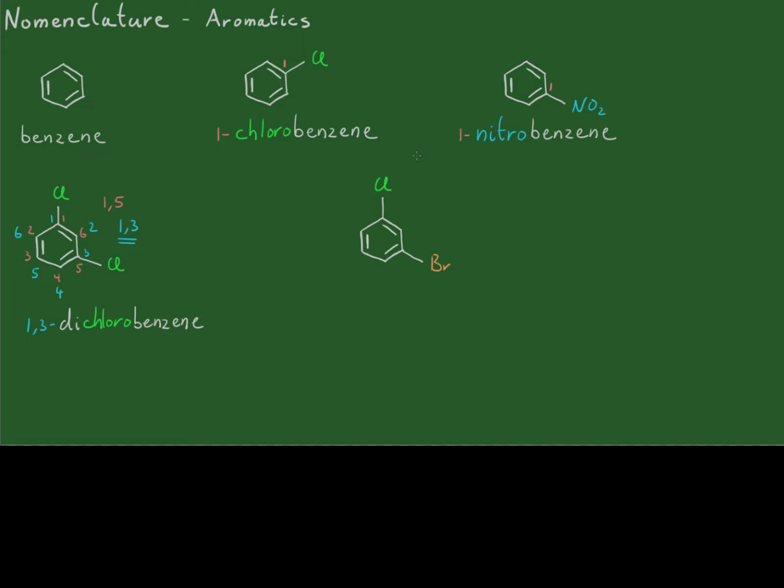So which one gets carbon number 1? Will it be 1, 2, 3? So we'll have 1 chloro, 3 bromo. Or will it be 1 bromo, 3 chloro? Well, the alphabetic order is important. So bromo comes before chloro because B comes before C.